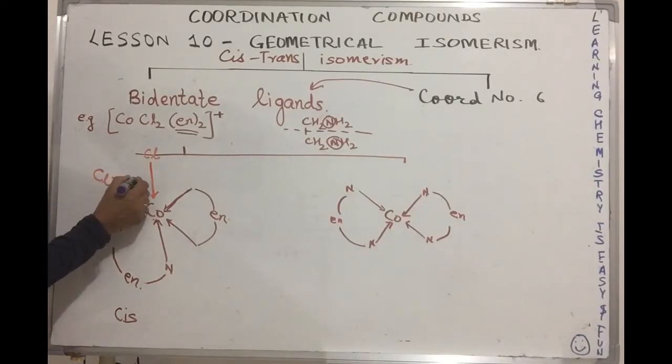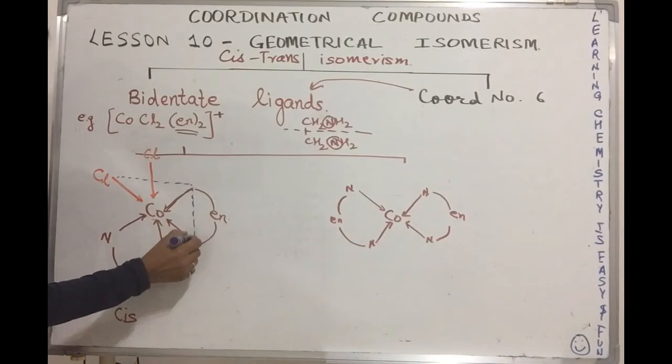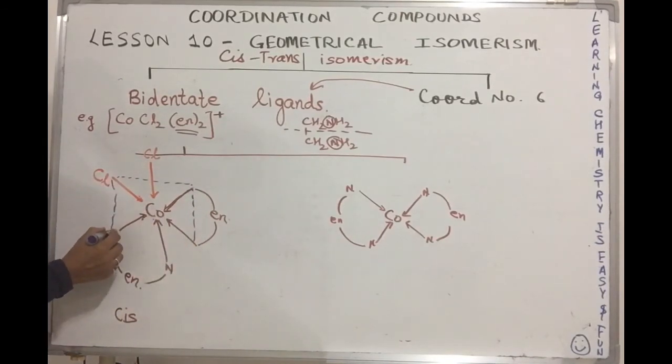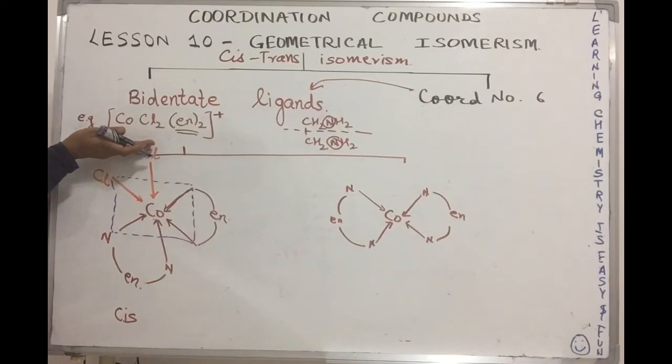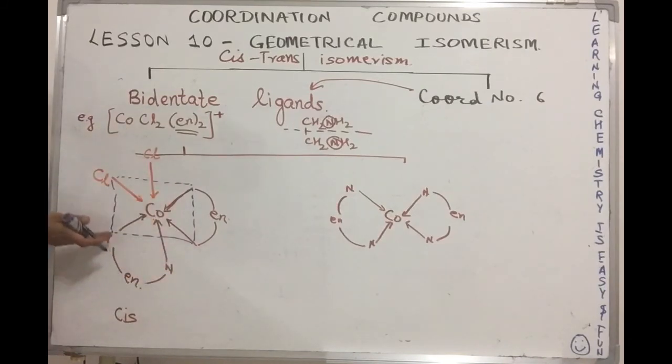So we've got this is the plane of the paper. One chlorine above it. This is along the axis, correct? Now the two chlorine Cl are close to each other. So this becomes my cis form.